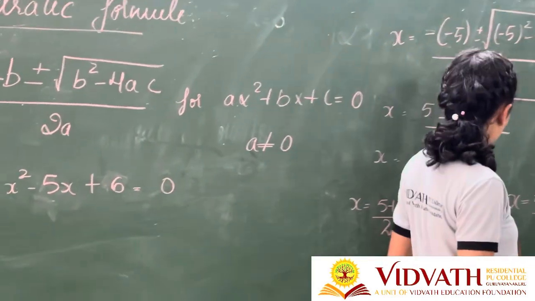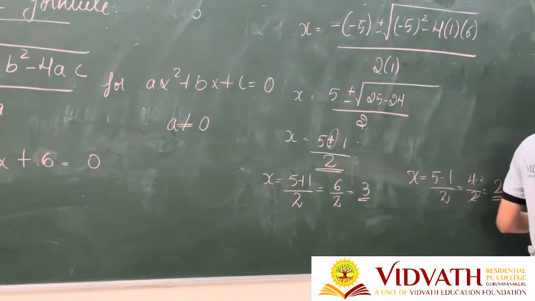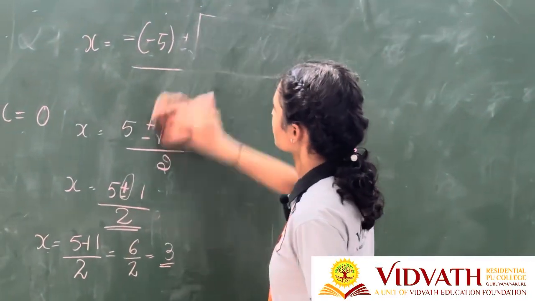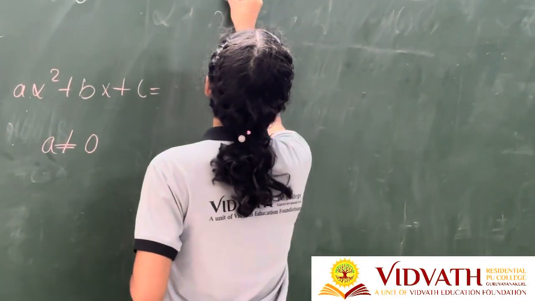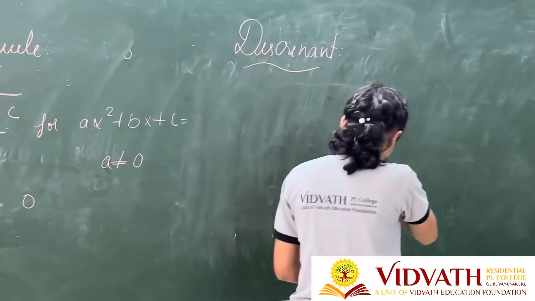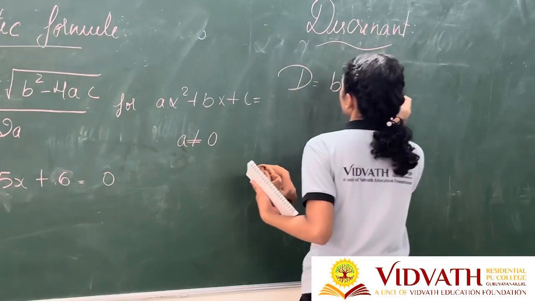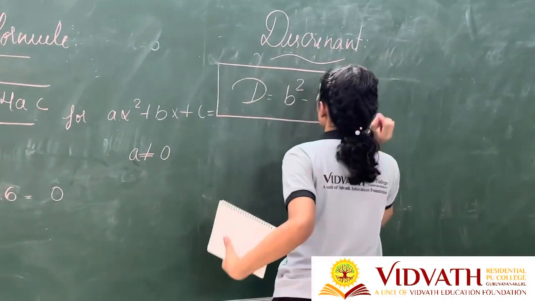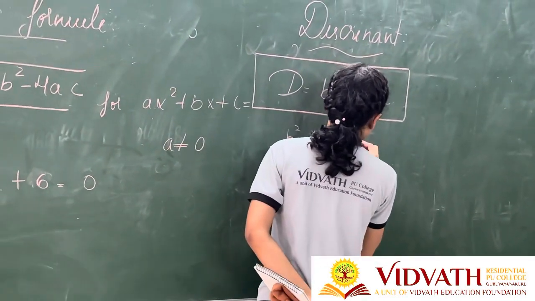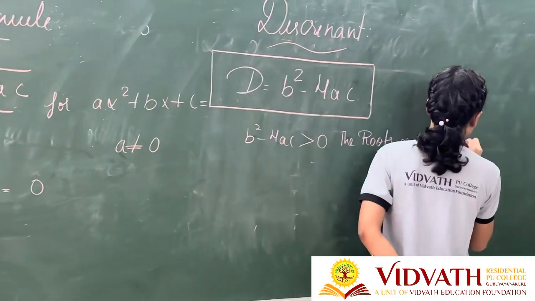So, conversely, we can find the nature of these two roots by using the discriminant. It is denoted by D. D is equal to b square minus 4ac. If we get b square minus 4ac greater than 0, then the roots are real and distinct.